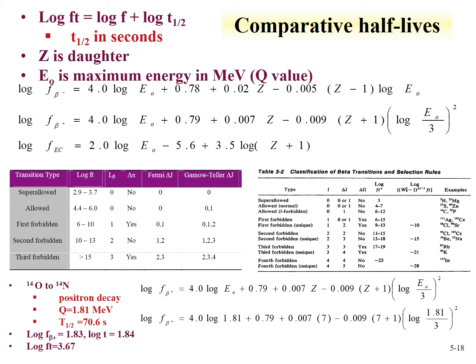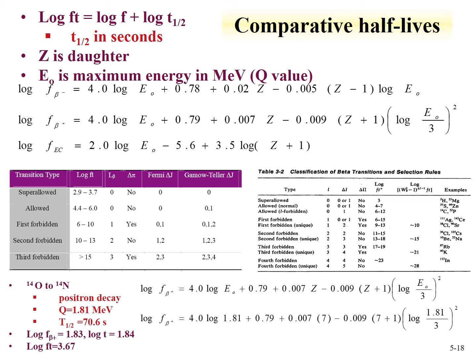Now we can use these equations to calculate some log Ft values. And let's go for the positron decay of oxygen 14 to nitrogen 14. The Q value for this reaction is 1.8 MeV, and the half-life is 70.6 seconds.